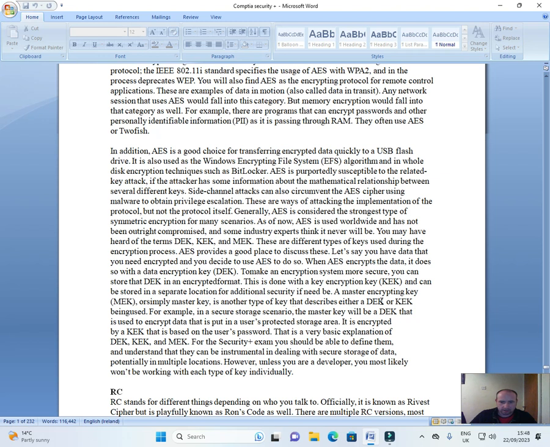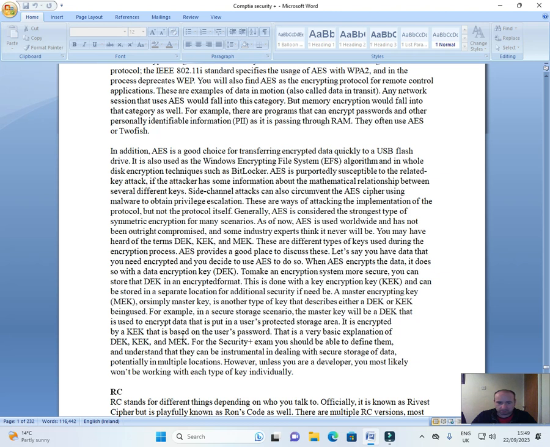A master encryption key, MEK, or simply master key, is another type of key that describes either a DEK or KEK being used. For example, in a secure storage scenario, the master key will be a DEK that is used to encrypt data that is put in a user's protected storage area.